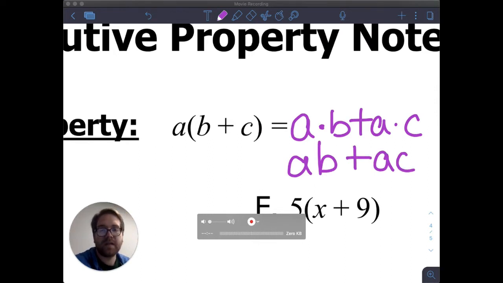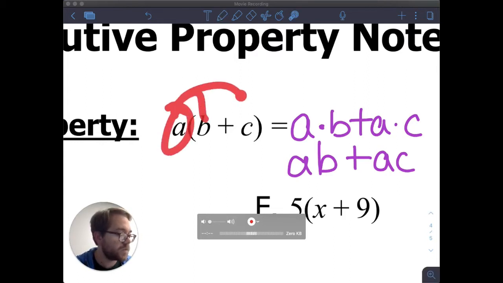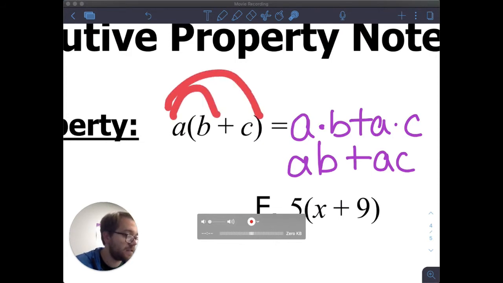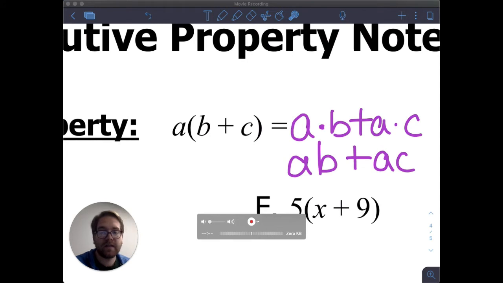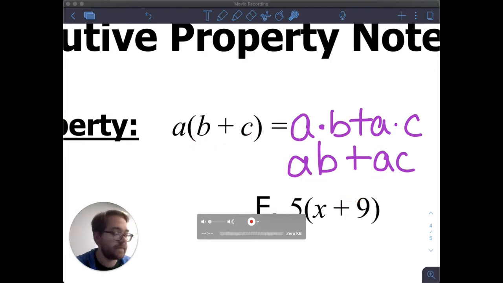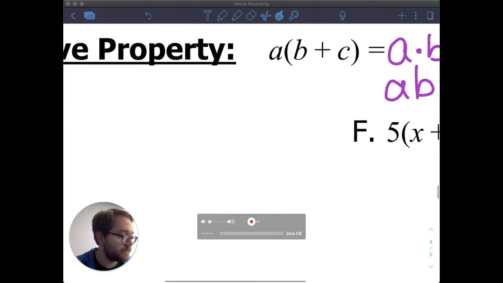So the main thing you want to take away from this is when we're distributing a term, multiplying through everything else, we multiply with everything that's inside the parentheses. So that's A times B plus A times C. And notice my sign didn't change. It's still plus. And if there were two terms inside of the parentheses, then I end up with two terms at the end. So let's look at a few examples.